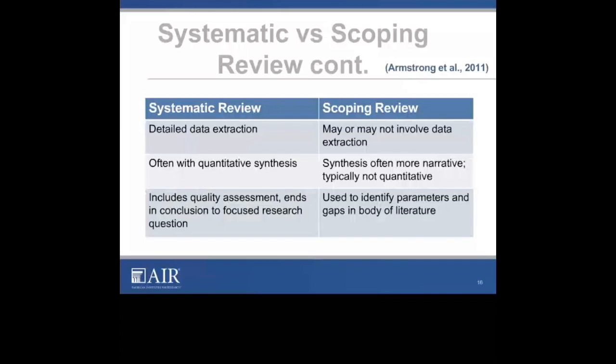The systematic review includes a quality assessment. It ends in a very rigorous conclusion to a focused research question. The scoping review, again, stays a little bit more vague, stays a little bit broader, and will just end in identifying parameters such as what are the major sources where the evidence is coming from, in what years has it been published, in what languages is it published, by what authors, in what journals, and so forth, what questions have been tackled, what questions have not been tackled, what outcomes have been targeted, what are maybe outcomes that have not been targeted yet.